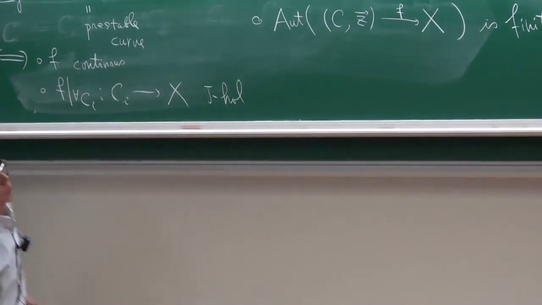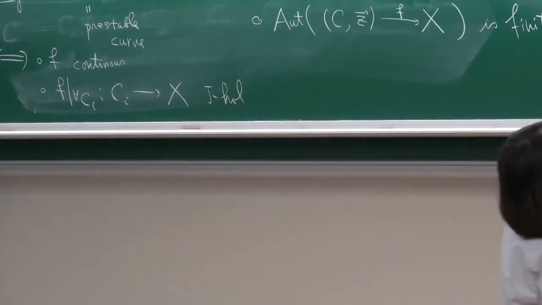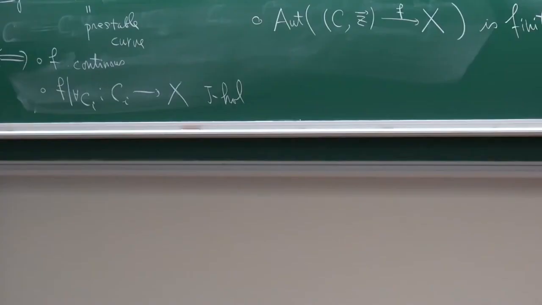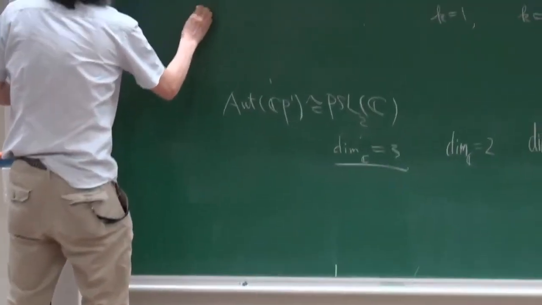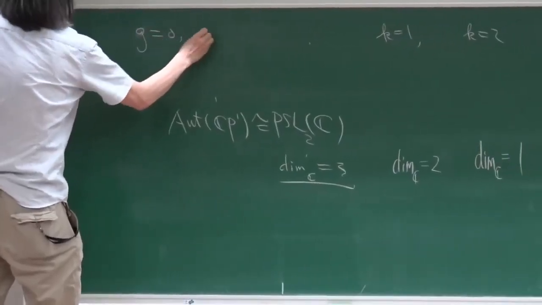But this here assumes the automorphism group is finite. So what is the automorphism group?